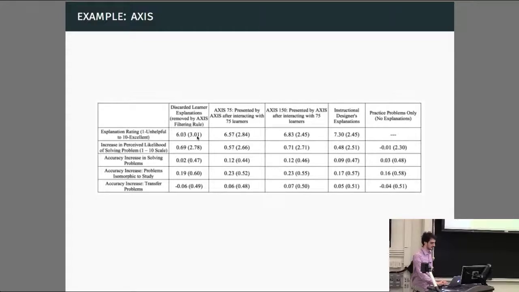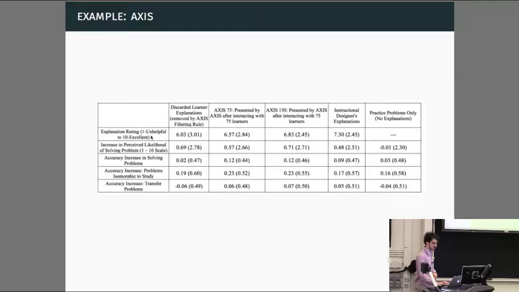So they compared to these discarded explanations to see whether their algorithm does better than them. I think they should have compared to a random policy to see if using a multi-arm bandit is actually better than simply choosing actions randomly. I guess they didn't do that, so maybe it's not the most interesting comparison.